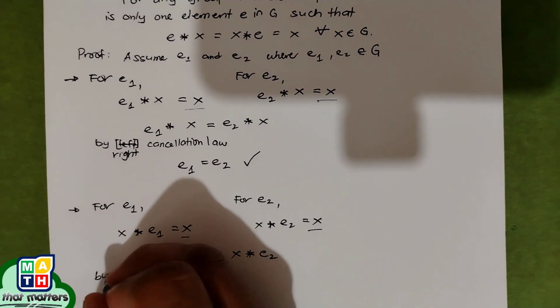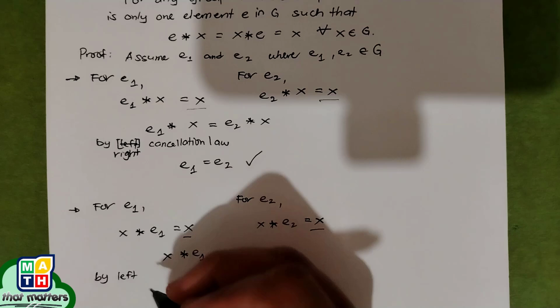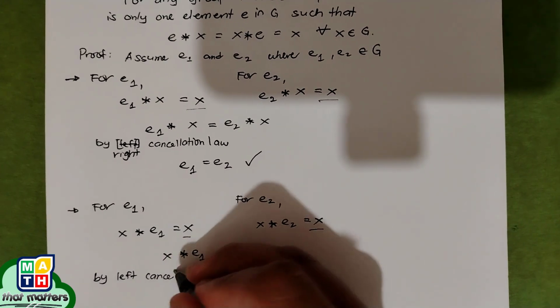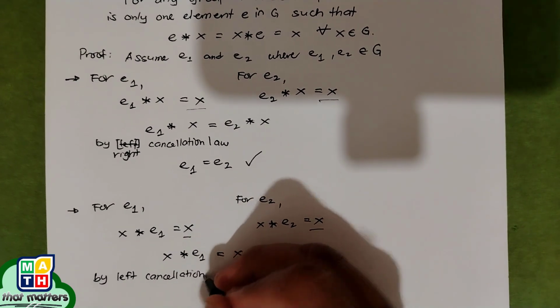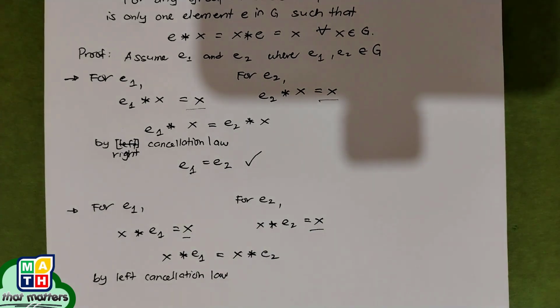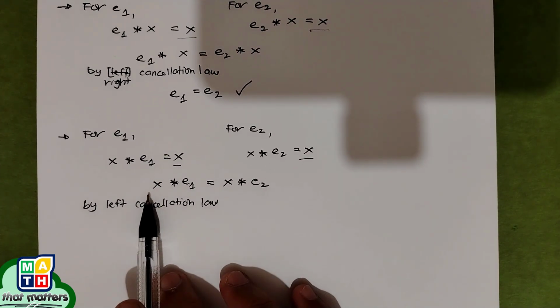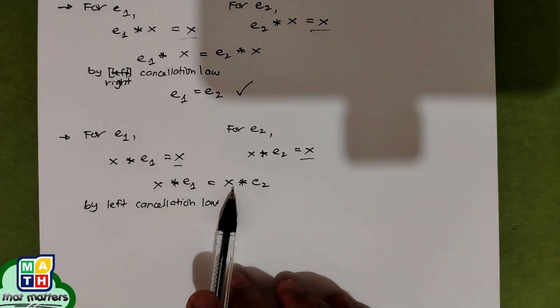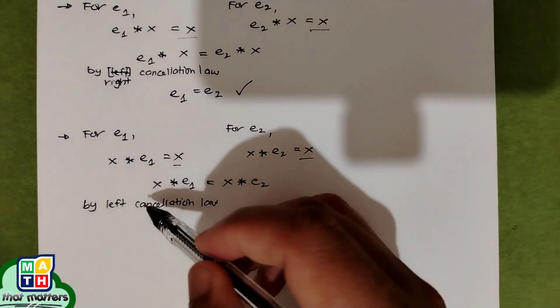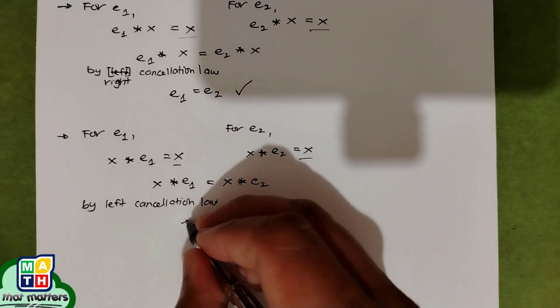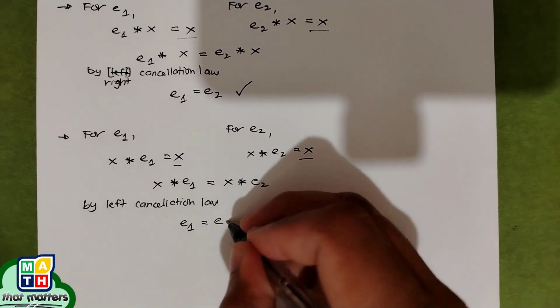Now this is the time that we are going to use the left cancellation law. We have already shown this elementary property of groups, the right and the left cancellation laws. You might want to review those videos. It states that we have the same element x on the left of both sides of the equation, so we simply cancel them, leaving e sub 1 equal to e sub 2.